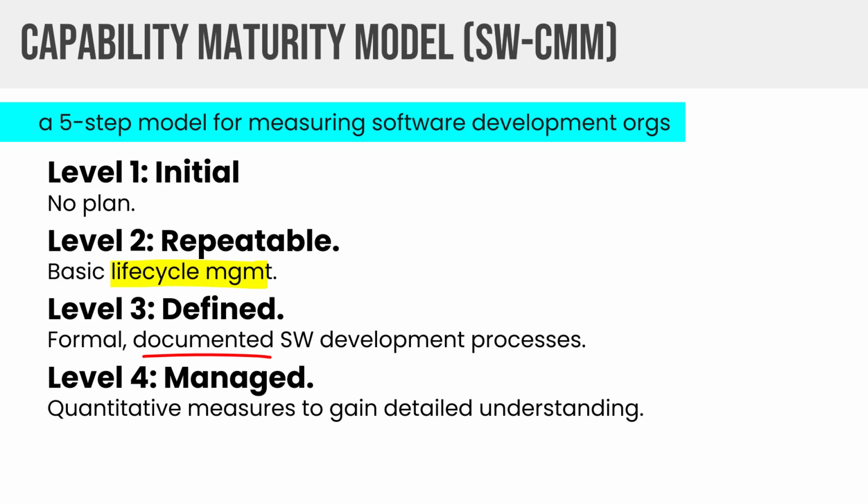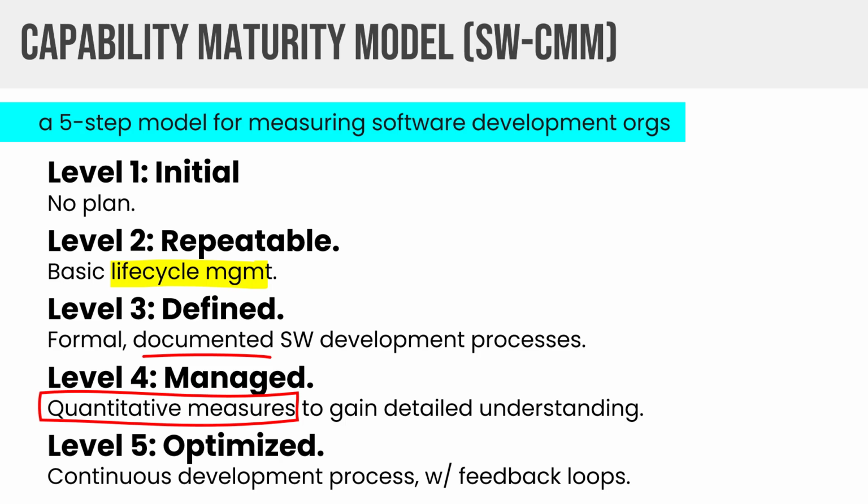Level 4 is managed. This is where we now have quantitative measures, meaning we can reliably measure performance to gain a detailed understanding of results and where improvements can be made. And then optimized, a continuous development process with feedback loops. This is the top of the mountain.